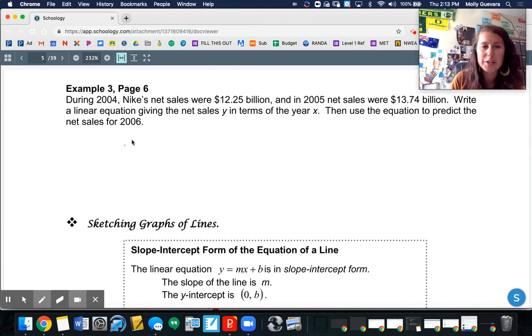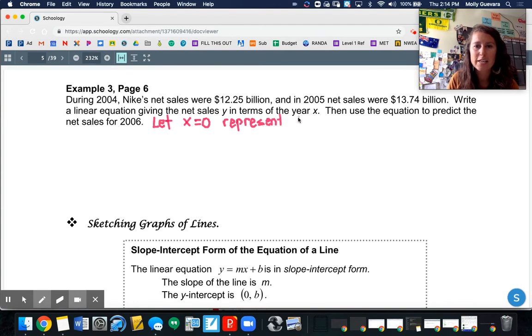So what I'm going to do is I don't want to use 2004 as my year because that's just a pain and it's a big number, right? 2004. So I'm going to pick something easy. I'm going to let x equals 0 represent the year 2000.